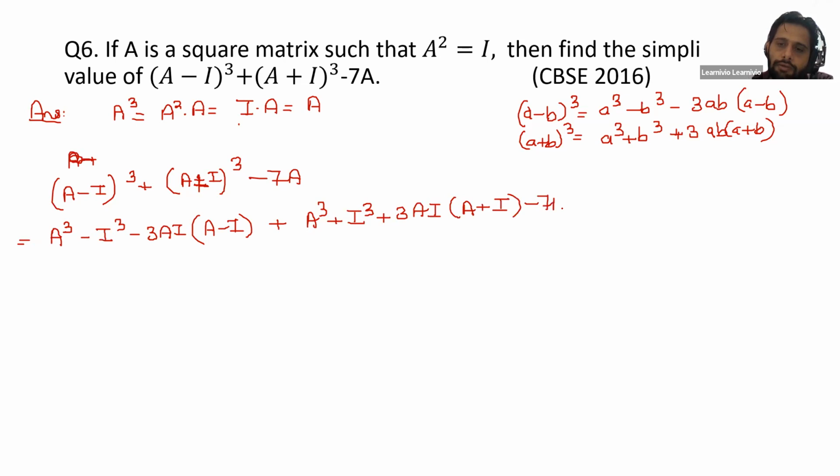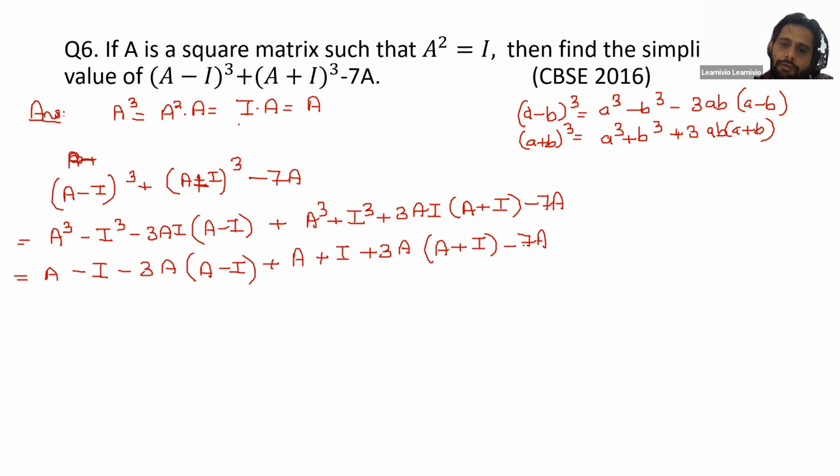A cube we have already found is A, I cube means I, minus 3A into (A - I), plus A plus I plus 3A into (A + I), minus 7A.